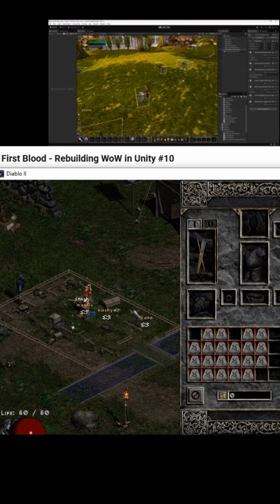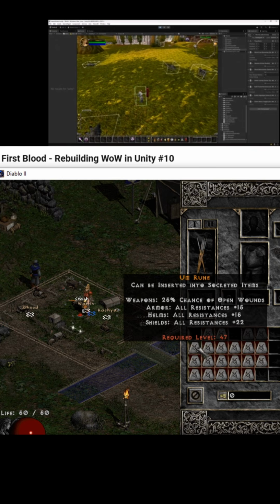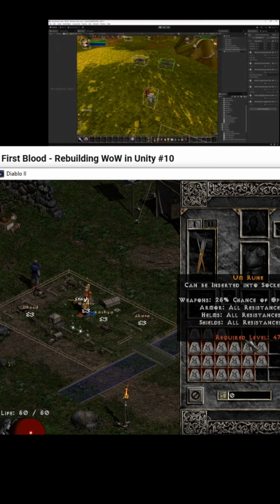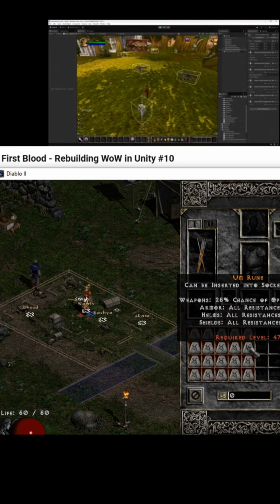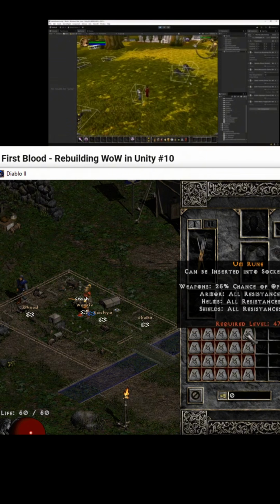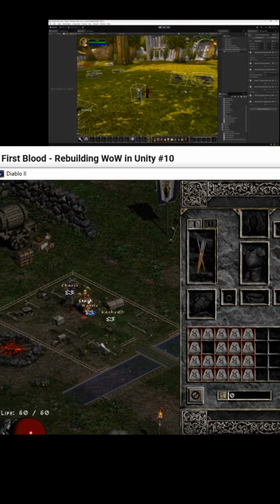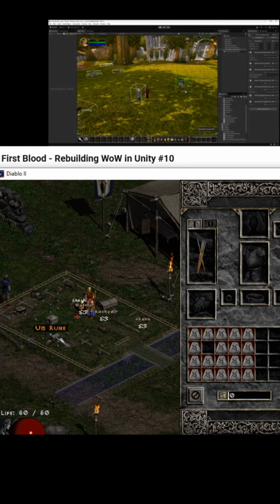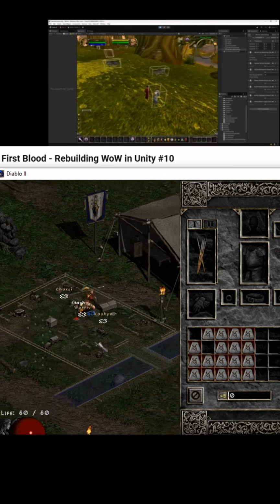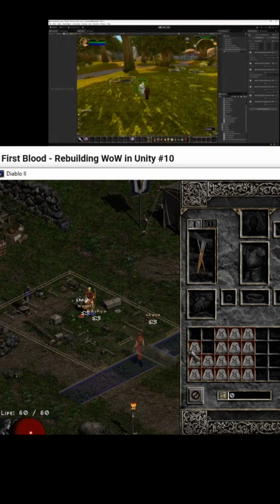The problem with that is it's not accurate, and sometimes you'd have to find this small circle somewhere on the unit. So instead I've changed it to this axis-aligned bounding box approach that is based on the animator bounds. It pulsates, which I think is quite cool. So yeah, that's in.